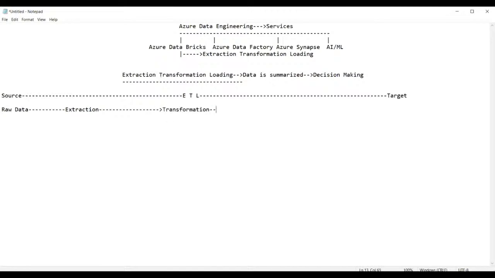Once the transformation is done, the data is finally prepared and loaded. And where is it loaded? It is loaded into the target, which is called the destination. Getting my point?